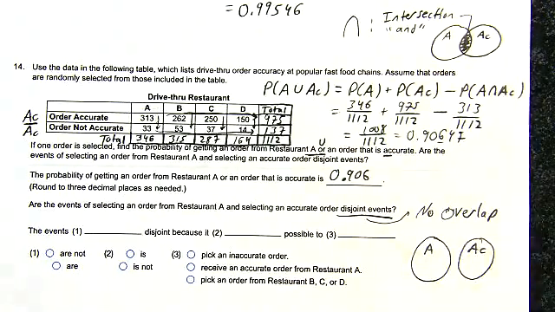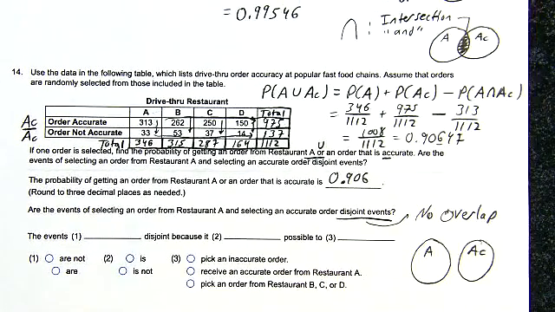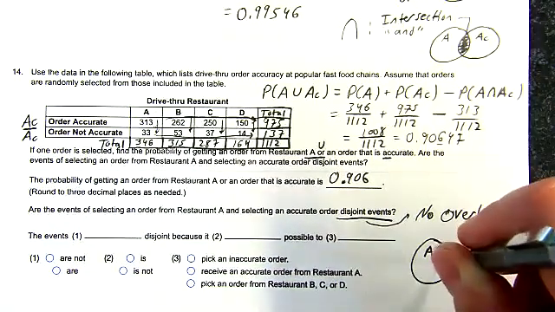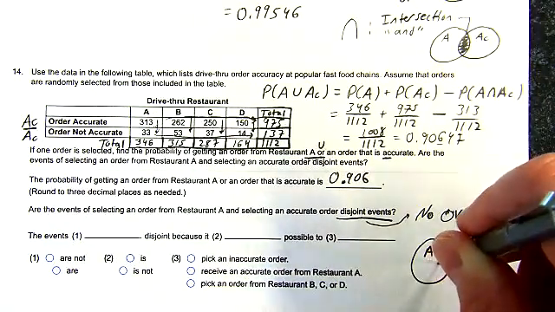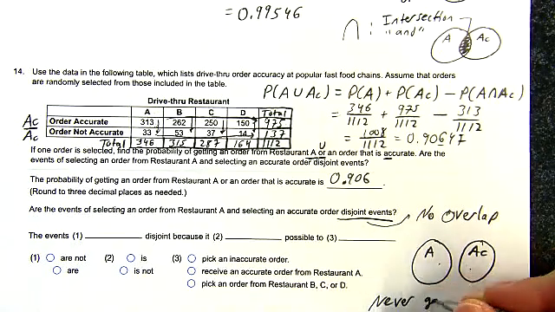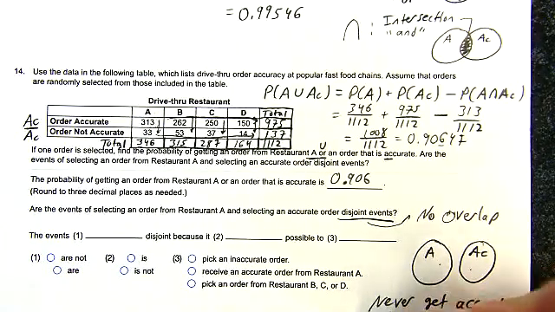There is no overlap between them. Well, let's just think about that logically. If there's no overlap between these two, can I ever get an accurate order from restaurant A? No, exactly right. So this would mean you can never get an accurate order from A.